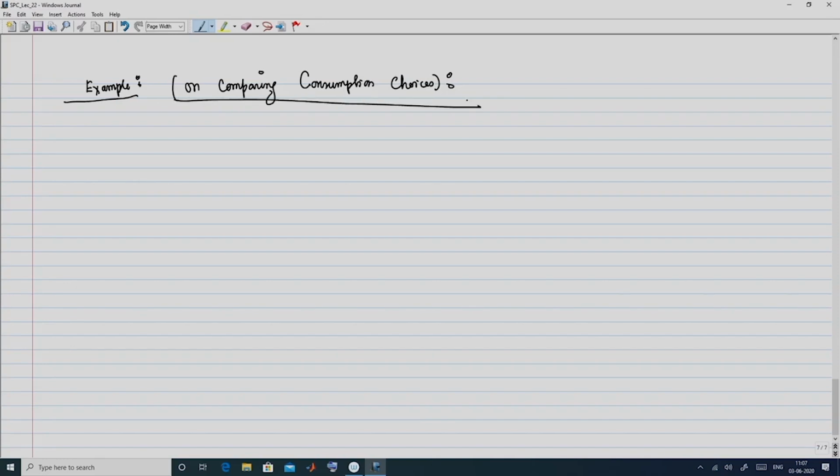Let us now consider an example of comparing consumption choices, and you look at 2 scenarios. Scenario 1 is enumerated as follows: the investor has to choose between 2 projects.